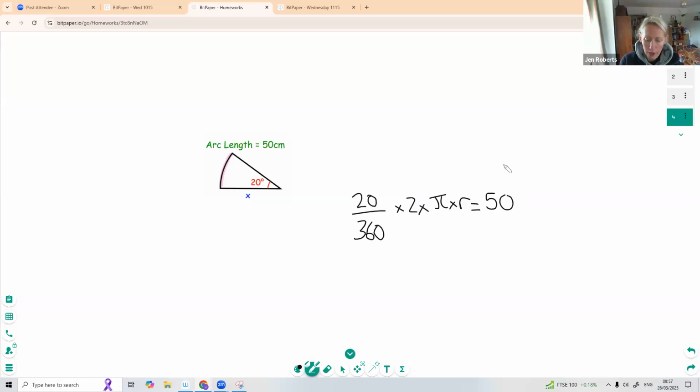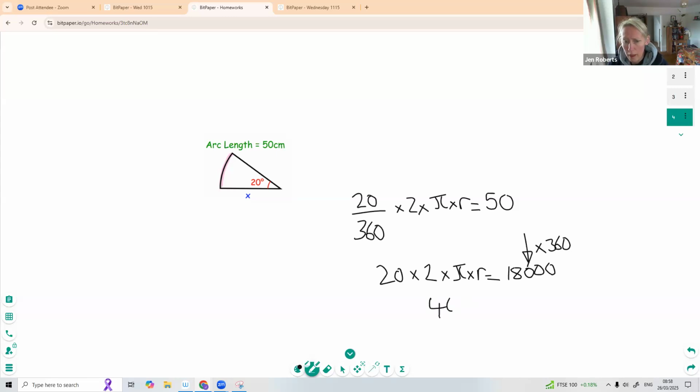There are a few different ways you can reverse this calculation to make r the subject. I like to bring the 360 over first. The opposite of dividing by 360 is multiplying by 360. So if you multiply both sides by 360, the right hand side becomes 18,000. On the left hand side, the 360 disappears. So we're left with 20 times 2 times pi times r. Just going to tidy this up a bit. 20 times 2 is 40.